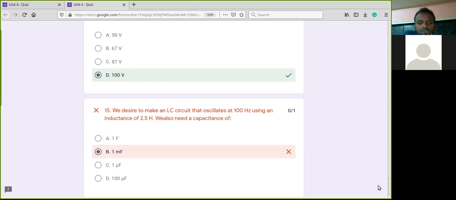We have to square: 1 times 10 to the power of negative 3 gives 1 times 10 to the power of negative 6 for C. Oh, so it is microfarad. So option C is correct, yes? Okay, good. Is it clear?